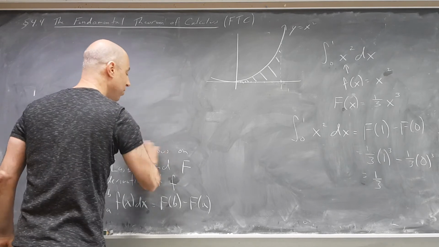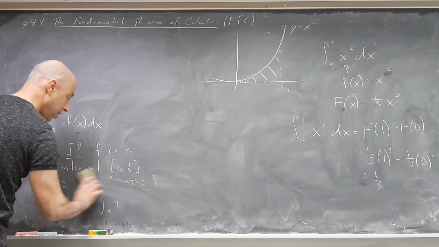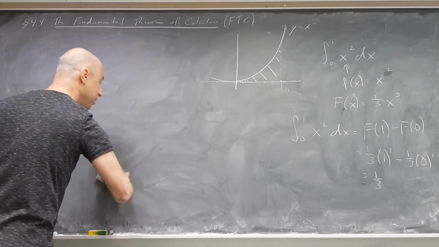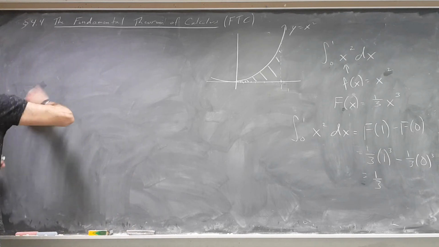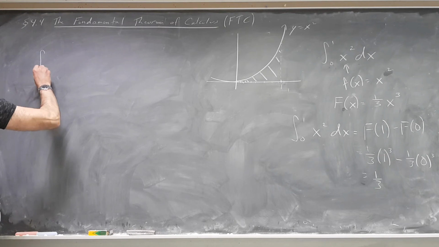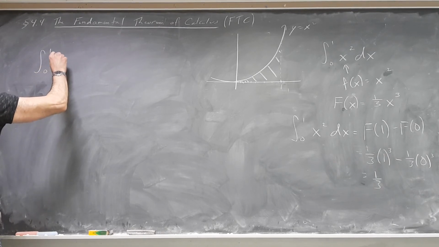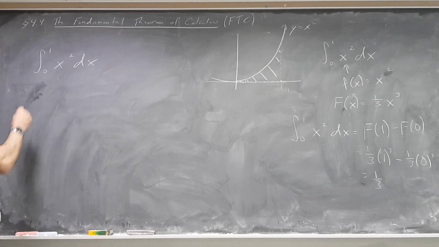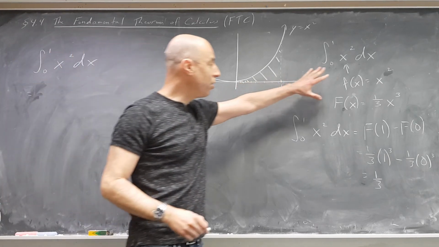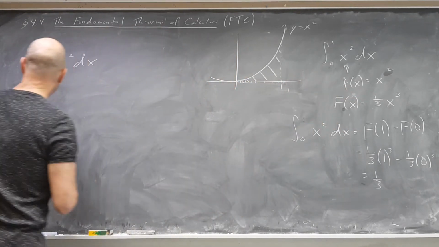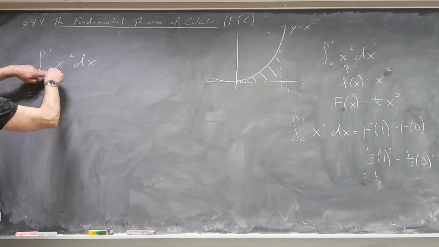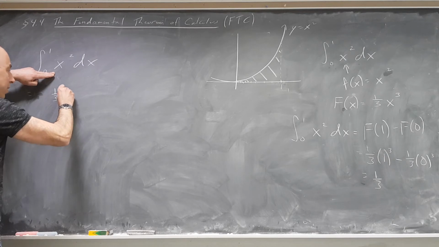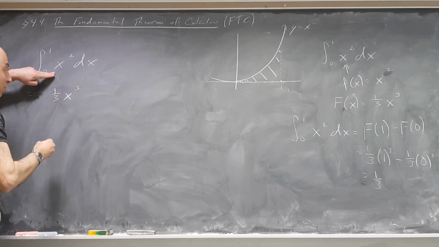Let me just show you a notation for this. I'm just going to redo the problem we were just working on and indicate a notation for you. So we want the integral from 0 to 1 of x squared dx. Instead of writing all this business, you can just go ahead and write the antiderivative. So a perfectly nice antiderivative for x squared is 1/3 x cubed. You could use any other antiderivative you wanted.